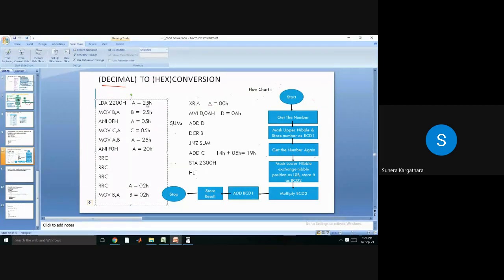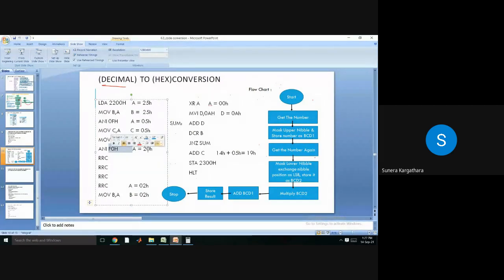Again, we are discussing the same thing. We take the number and perform an AND operation with 0F, and through that we can separate our lower nibble. From 25 we have separated 5, the number BCD1. We want to separate 2 as well, but directly we cannot separate 2. So first separate 20 by performing an AND operation with F0.